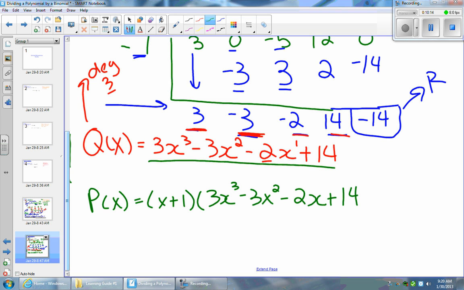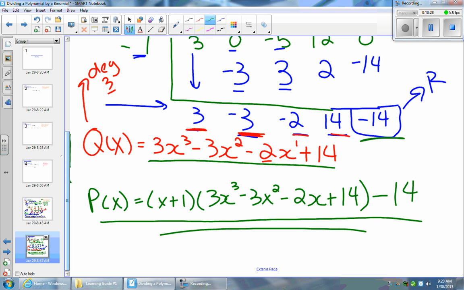And you're going to add the remainder, which is negative 14. Actually, instead of adding a negative 14, I'm just going to go straight out minus 14. And that is the division statement for this example. And that's how you synthetically divide a polynomial by a binomial.